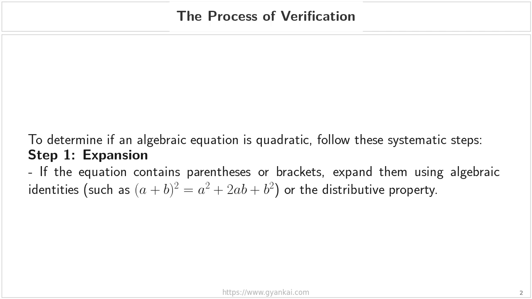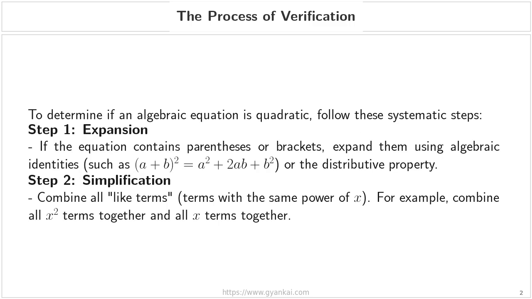If you see any parentheses or brackets hiding within the equation, your first task is to break them open. You'll do this using the distributive property or by applying algebraic identities. For instance, when you see (a plus b) squared, you should expand it to a squared plus 2ab plus b squared. Once everything is expanded, we move to step 2, simplification.